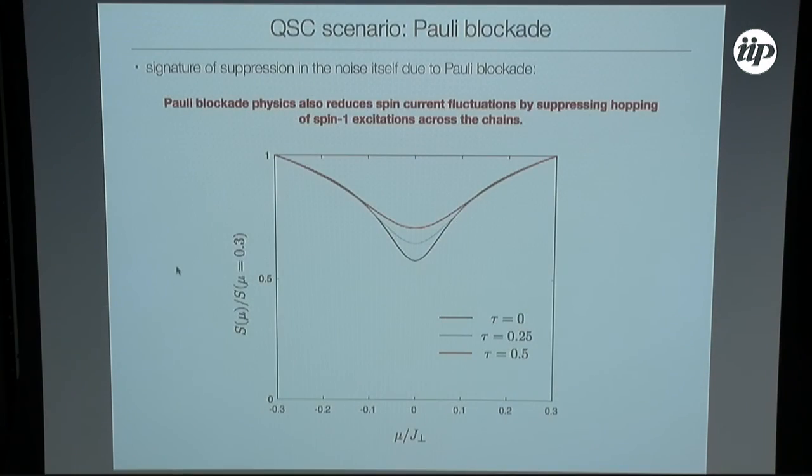We attribute this dip also to Pauli blockade physics, because now charge fluctuations or the spin excitations can tunnel across, but due to Pauli blockade, those fluctuations are suppressed when there's no net chemical potential bias between the two chains. So that can also be detected.